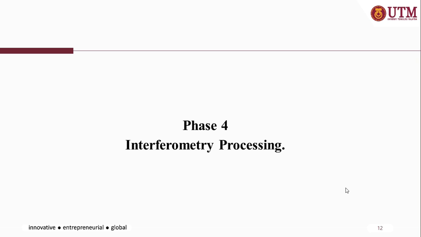After that we will make a subset for our product. Then we will do phase to elevation to convert all the rainbow color to a metric value. After that we will make Range Doppler terrain correction.